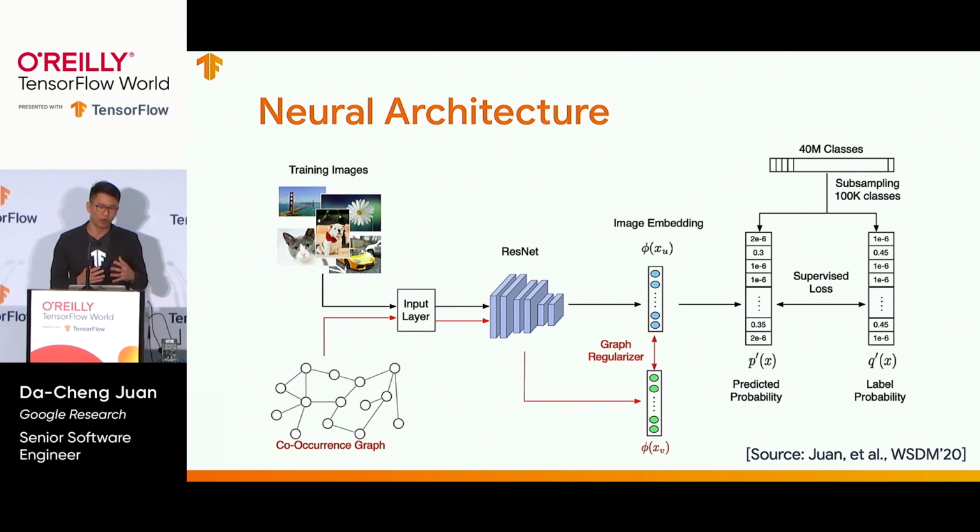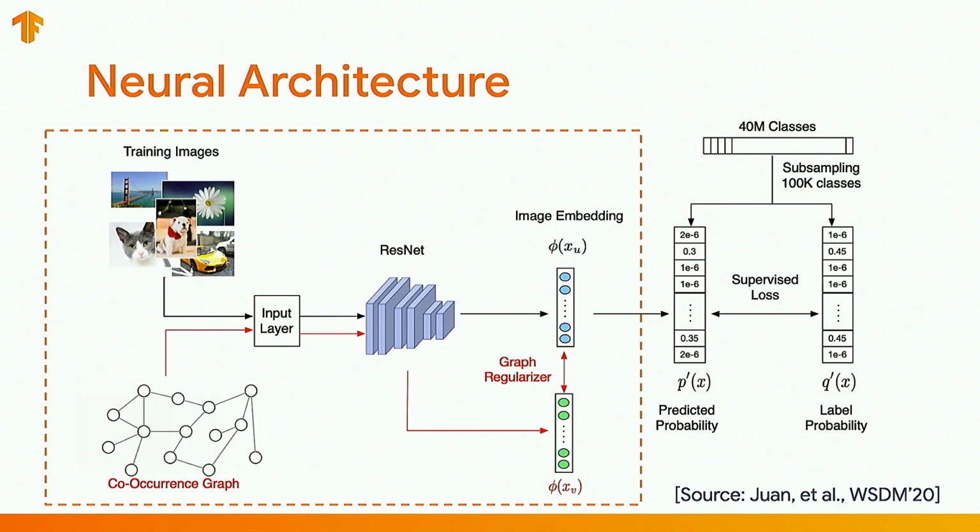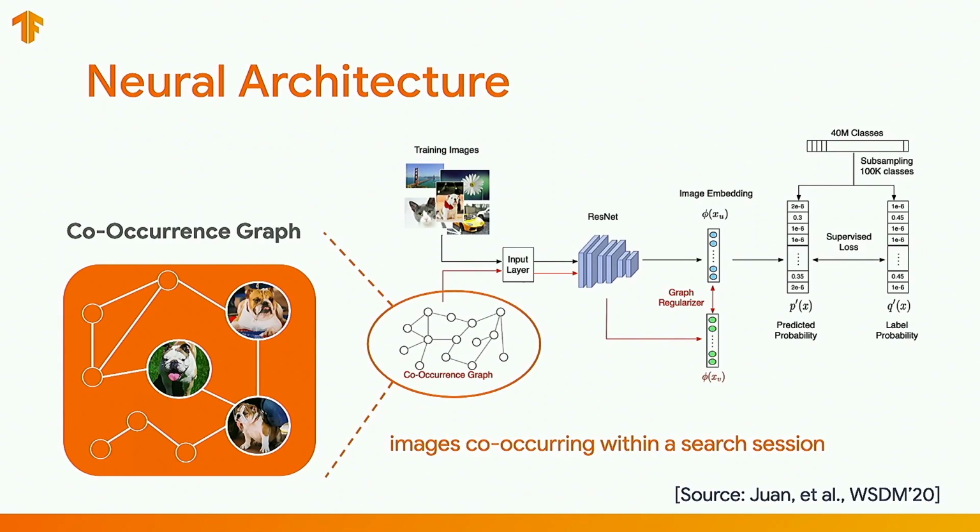This is the overall neural architecture used to learn the image embedding. And again, feel familiar? This is exactly the same workflow we introduced again and again in this talk. And since this talk focuses on neural structure learning, we will not introduce in detail other techniques, such as sample softmax, used to train the model. If you are interested, please refer to our paper.